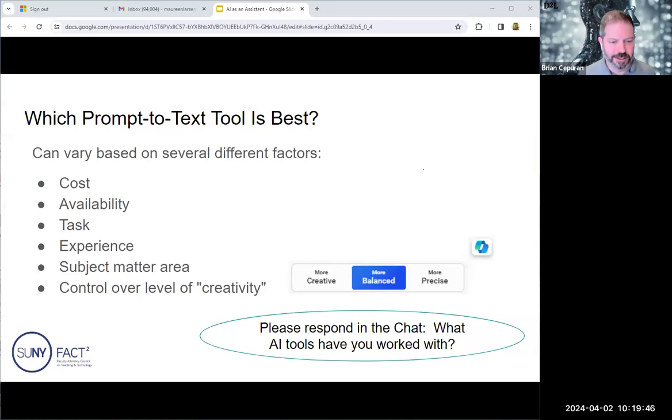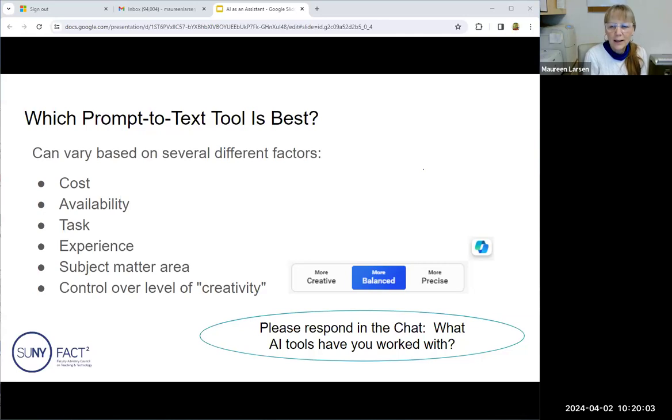Oh, this is great to see. Not surprising, ChatGPT being a very common one. If you have not worked with any AI at all, post that as well.